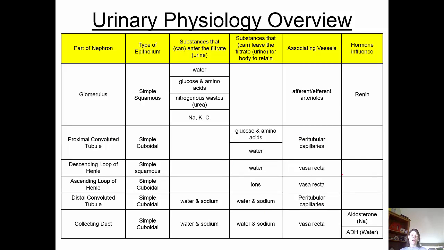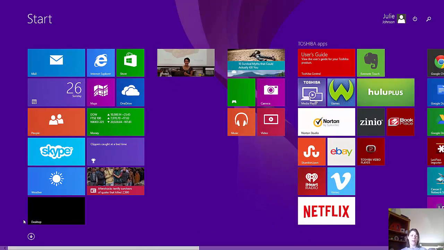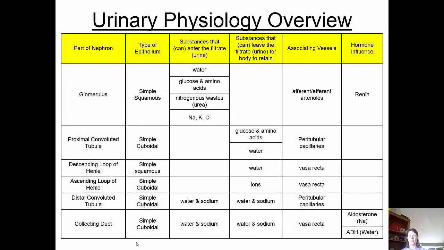Here is about 30 additional pages of PowerPoint, all condensed into one grid. I was hoping to be able to pop up the study guide, but apparently it's not playing nice with me. For each component of the nephron, I want you to know the type of epithelium.